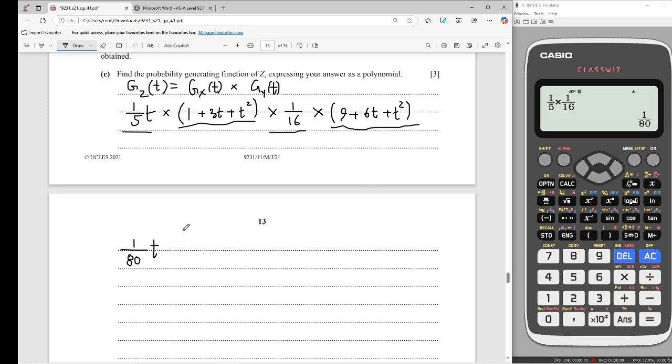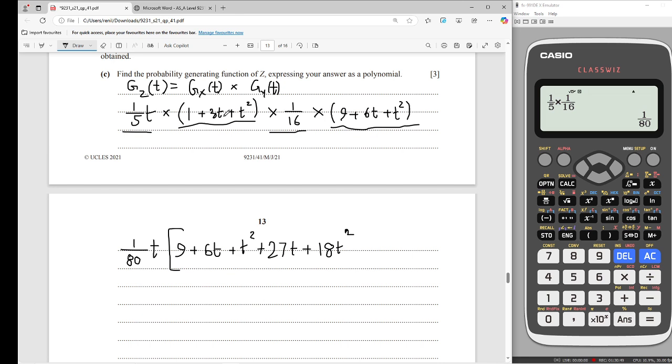So using the FOIL method, we get 1 times this entire thing, so we just copy down our polynomial, 9 plus 6t plus t squared. Okay, next we have 3t multiplied by this. So 3t times 9 is equal to 18t. No, sorry, it's going to be 27t. Okay, 3t multiplied by 6t is going to be 18t squared.